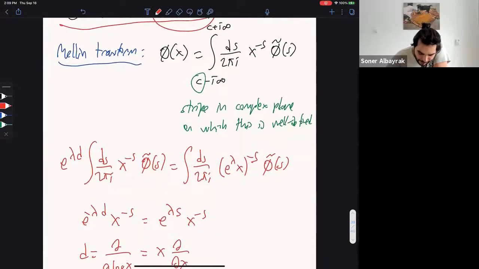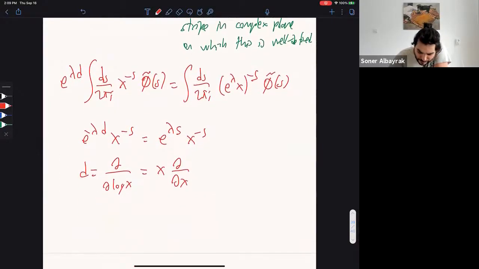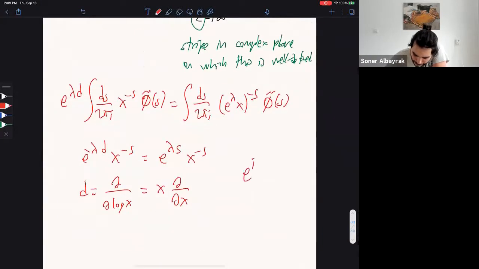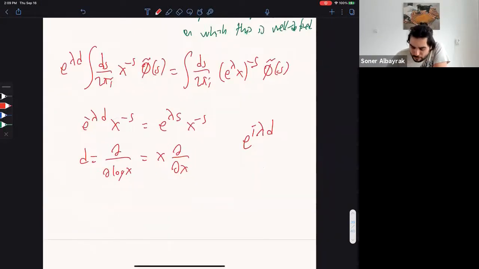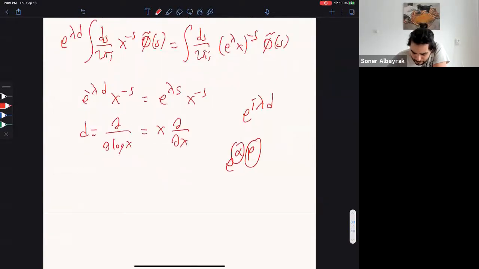I don't really care about the details, because usually you should use e to the i lambda D. It depends on whether you want your generators to be Hermitian or anti-Hermitian. Mathematicians prefer e to the parameter, let's say alpha times p, taking these to be real numbers, and the generator becomes anti-Hermitian. Physicists usually use the form where these become Hermitian.